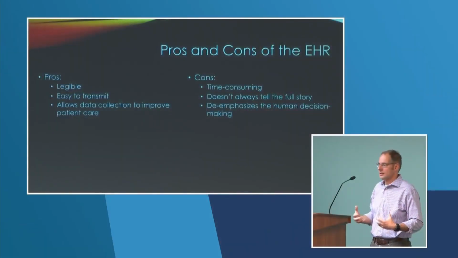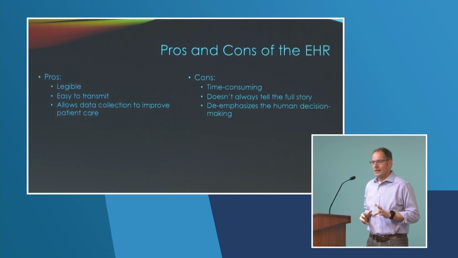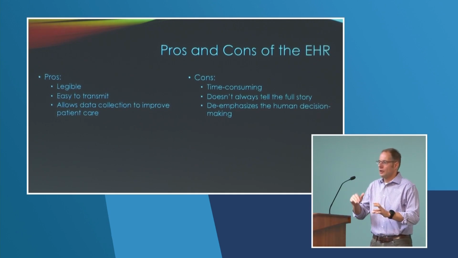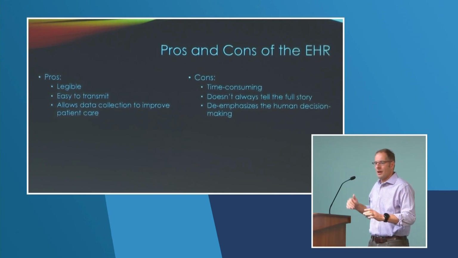And the reason we're here talking to you about this is that you're all trained, you're experienced, and your view of what happened is really valuable. And so we want to make sure that that doesn't get lost in the electronic chart. And then finally, the electronic chart is good at showing what happened, but it doesn't show what you were thinking.